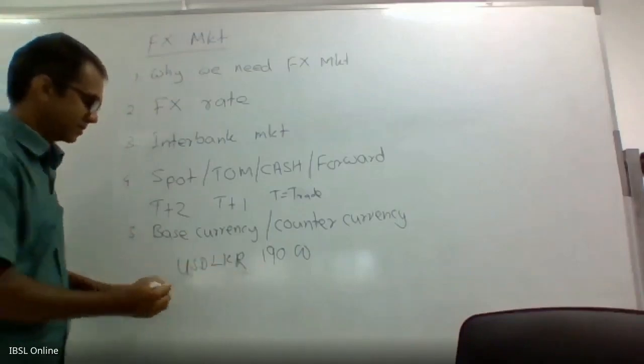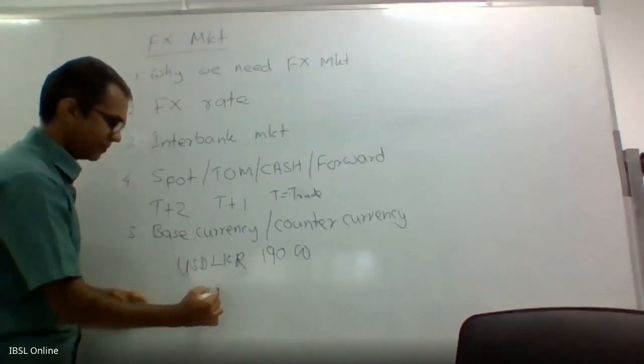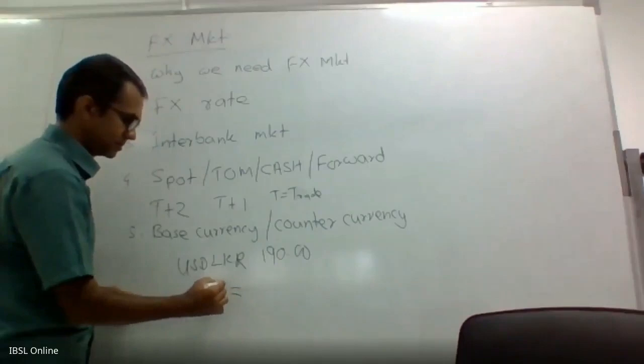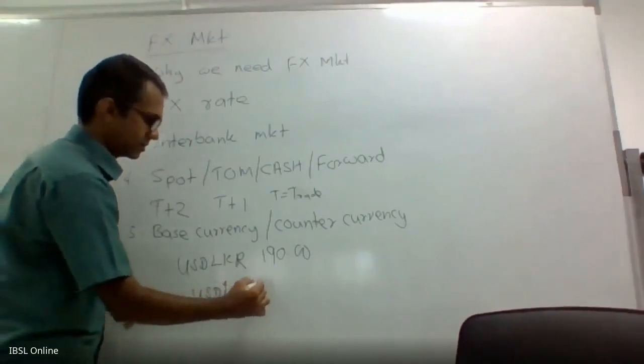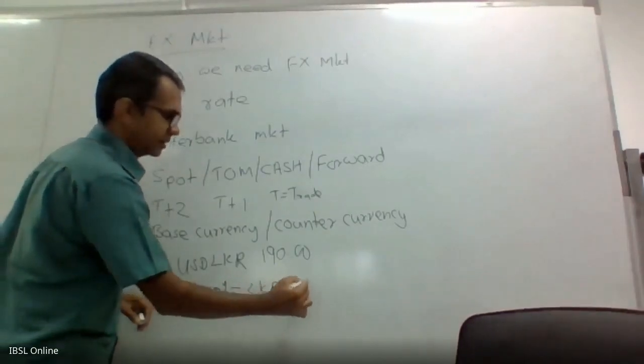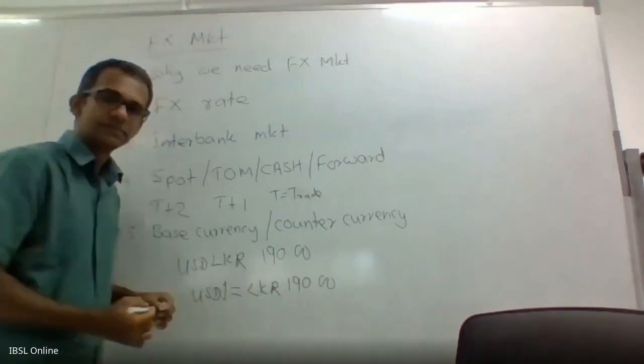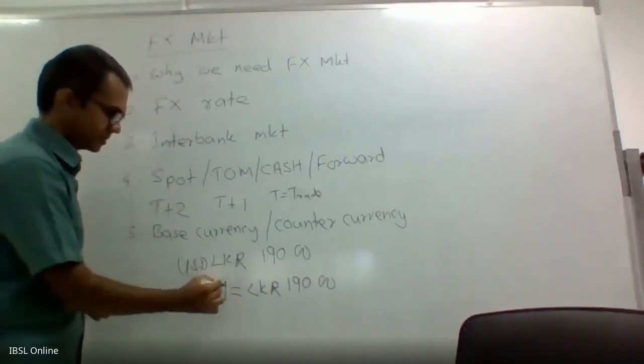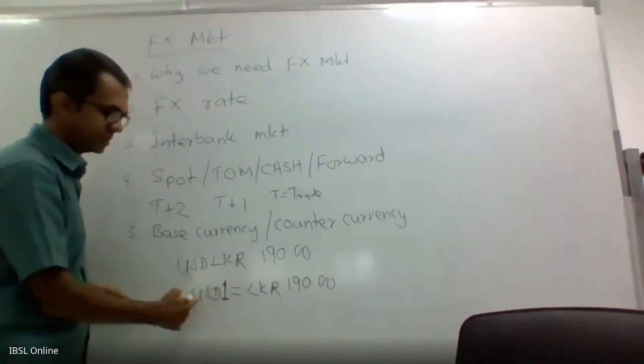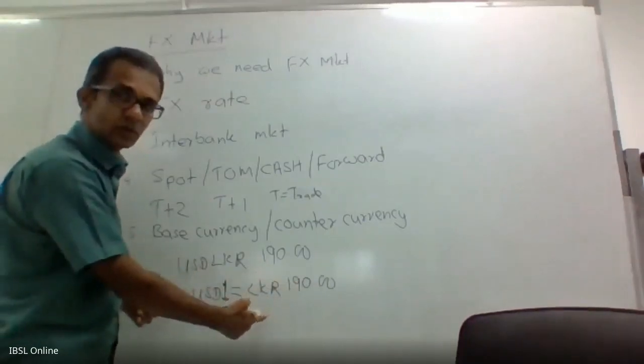What does it mean? The value of $1 US equals 190 rupees. So here the price of the dollar is given in terms of rupees.